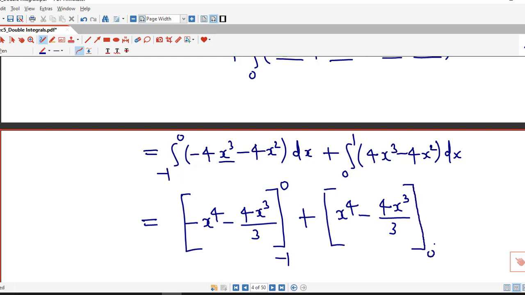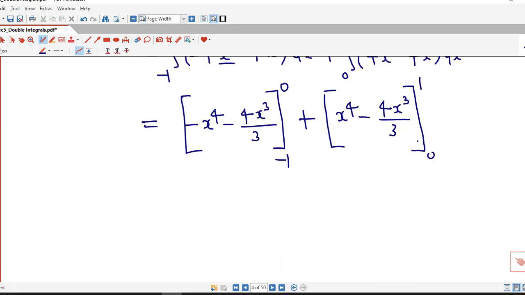Limits are from 0 to 1. So here if we put x equal to 0, we have 0 minus, for x equal to minus 1 we have minus 1 raised to 4, that is 1, and cube of minus 1 is minus 1, so this is going to be minus 4 by 3 into minus 1, that is 4 by 3.